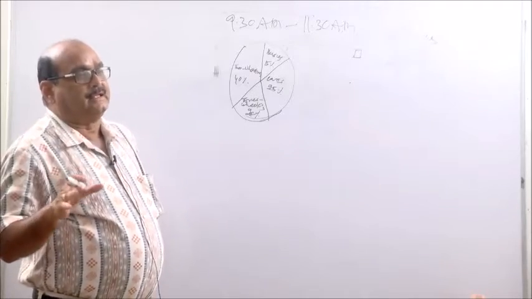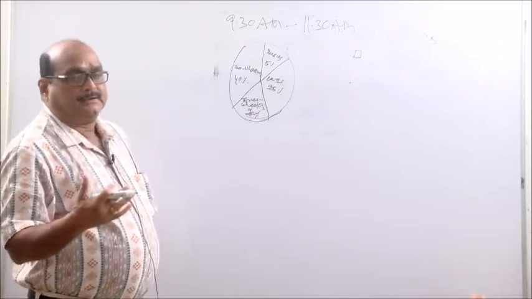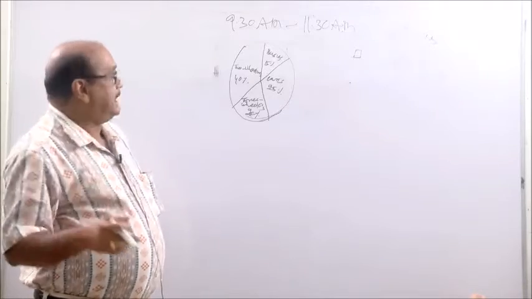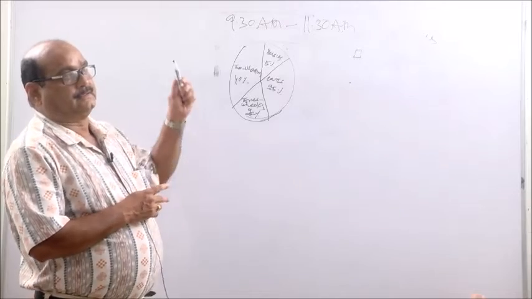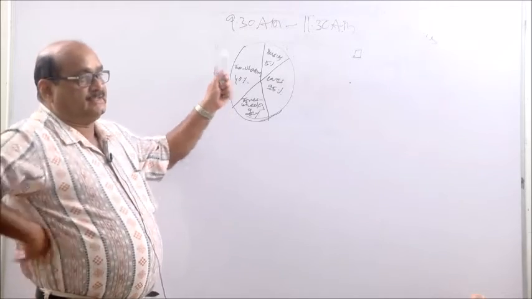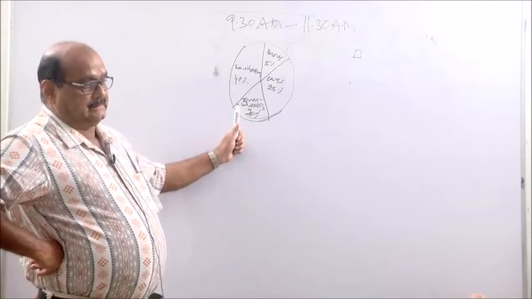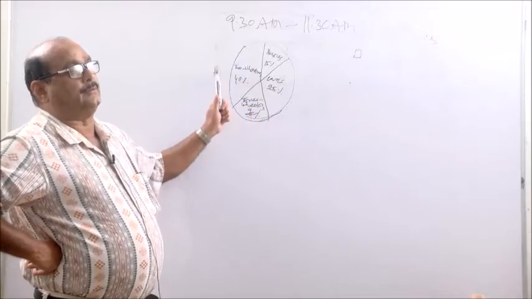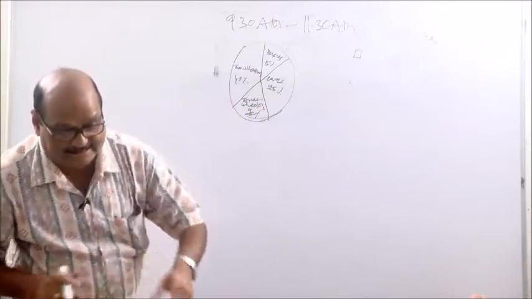People go to office, people go for business, people go for their other work. So vehicles are moving on the road. And the chart gives the idea of what vehicle runs at what percentage.